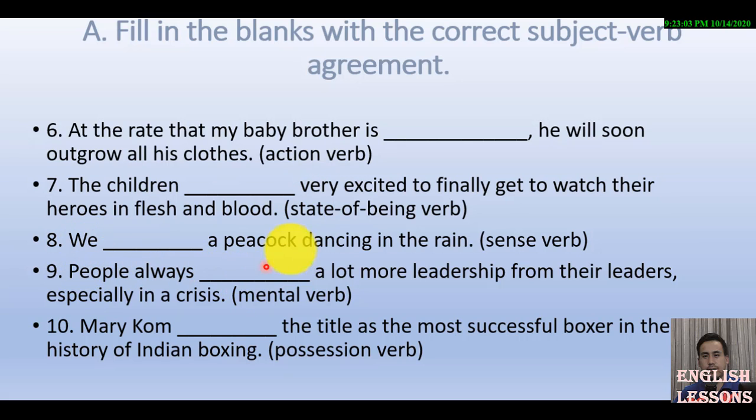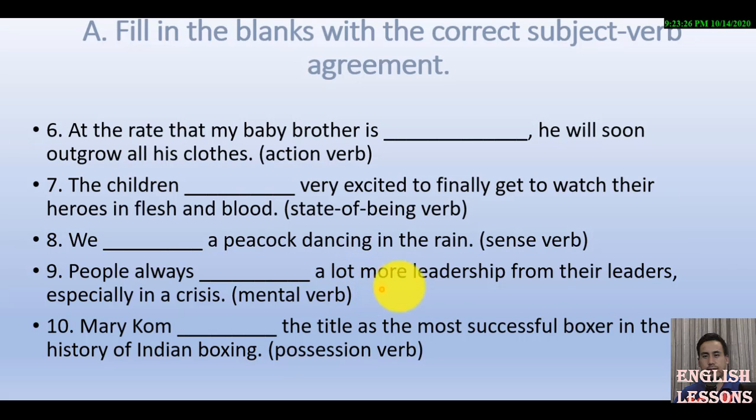We dash a peacock dancing in the rain. Sense verb. The most appropriate word will be, we saw a peacock dancing in the rain. We saw, SAW.